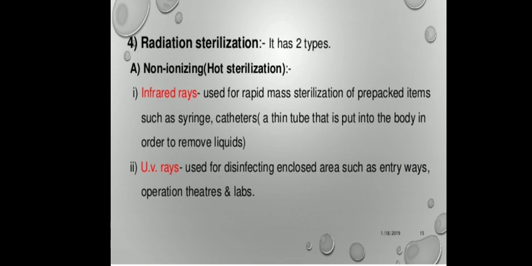Now these infrared rays are generally used for the sterilization of medical equipments like syringes or catheters. Now catheters are thin tubes which are generally used to remove liquid body fluids from the patient's body.